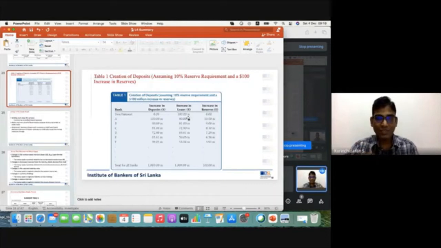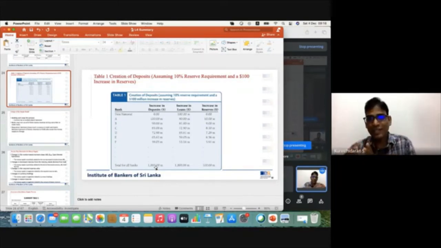So let's assume the central bank increased it to 15%. You now divide the initial amount by 0.15. Then your deposit creation will decline. That's the calculation, and if you put those figures into this table, you will end up with the same figure. So it's not 1,500.